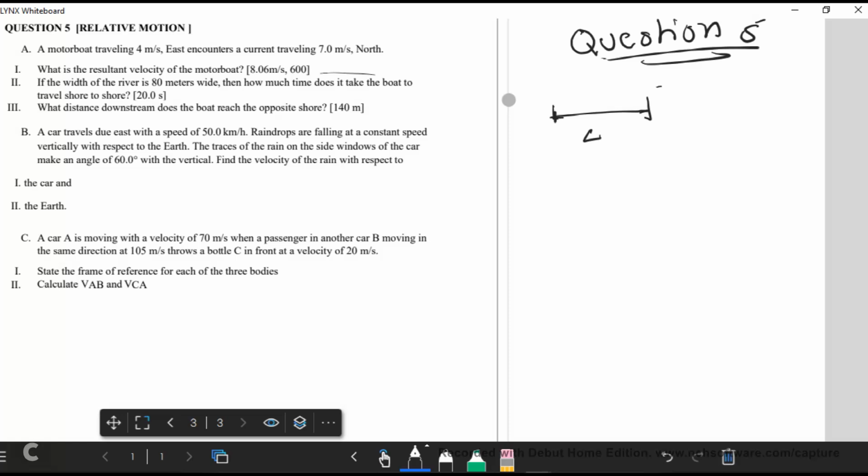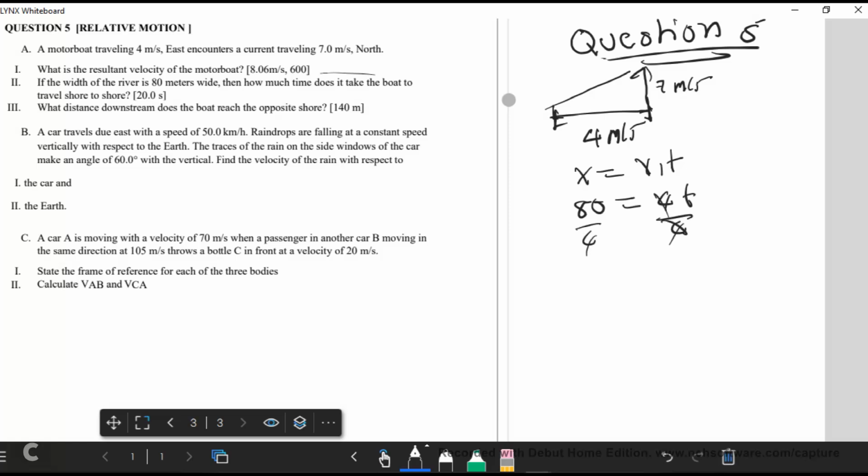Remember that this side is 7 meters per second, and from here shore to shore it's 4 meters per second. If the width is that, how long? We're looking for the time. So displacement is equal to v times t. So 80 is equal to 4 times t, then t is 80 over 4. That's question 2 in short.